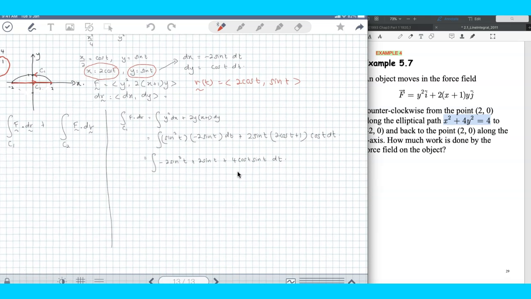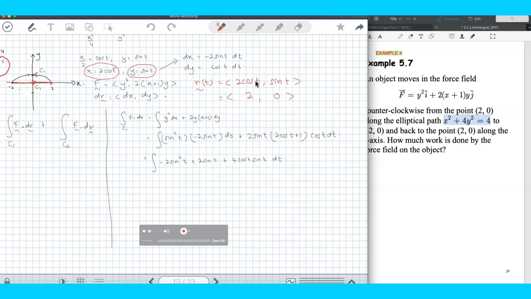So we have to find out what the t is so that the point that we have is at 2 and 0. You have to determine the possible t so that sine t is 0 and cos t becomes 1.